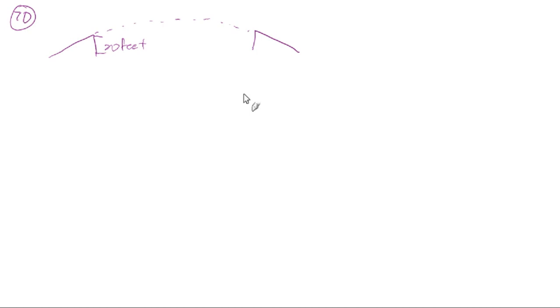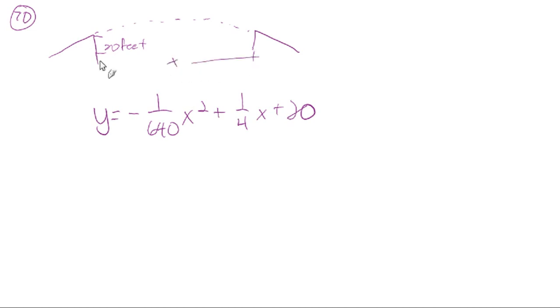y equals, let's write that equation down, y equals negative 1 over 640 x squared plus 1/4 x plus 20, where x is the horizontal distance in feet, so x would be this distance here.